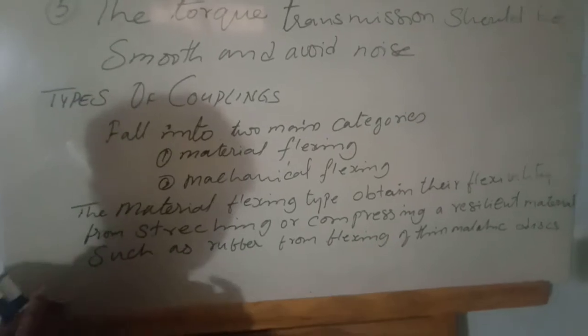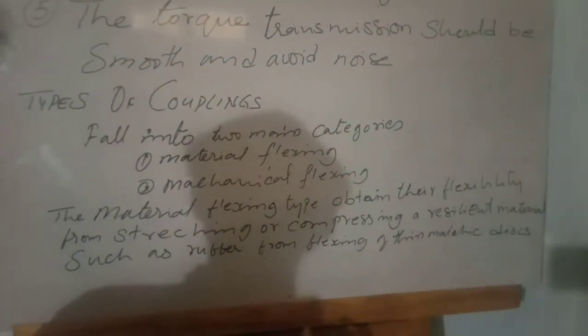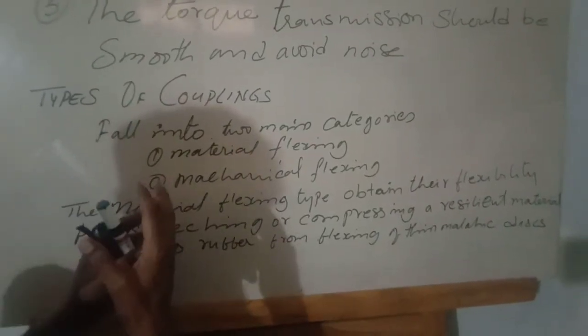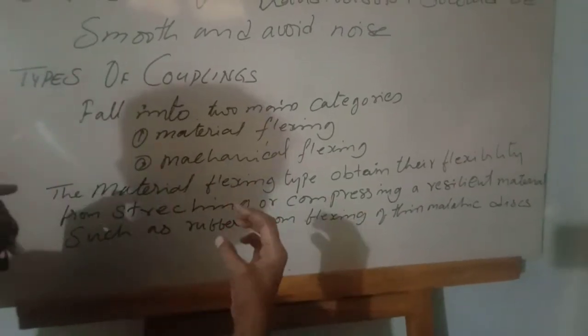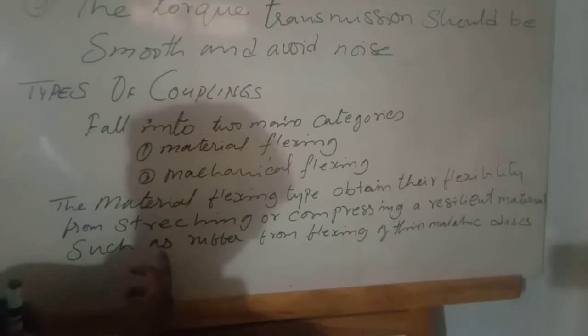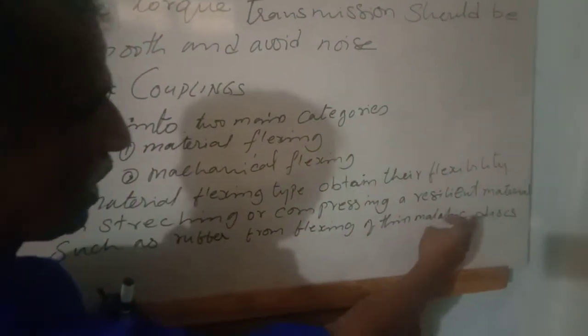There is one shaft attached with this resilient material, which can be compressed; sometimes it will enlarge, sometimes compress. So this is a resilient material such as rubber, or the flexing of a thin metallic disc.